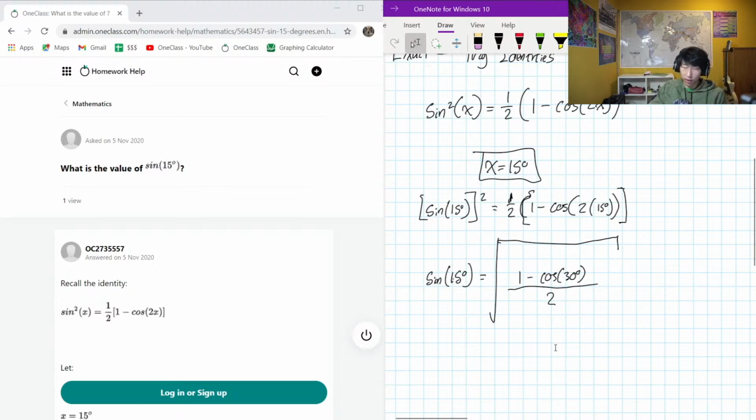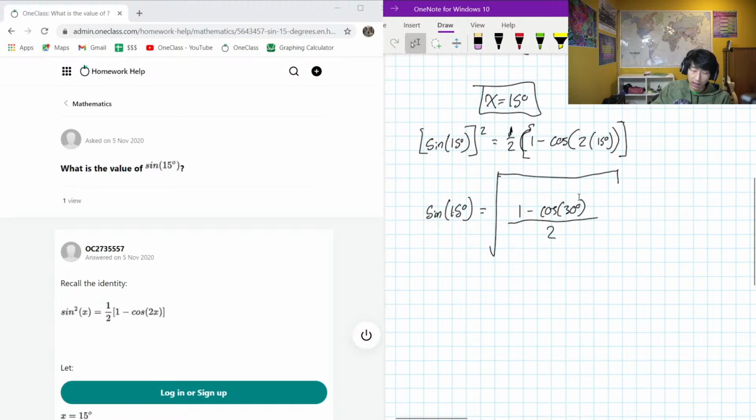And for cos 30 degrees, even if we don't have a calculator, we can imagine what that is off the top, because if we have an equilateral triangle, and we do something like this, we know that this has to be 30 degrees here, right? So let's say each side had a length of 2.